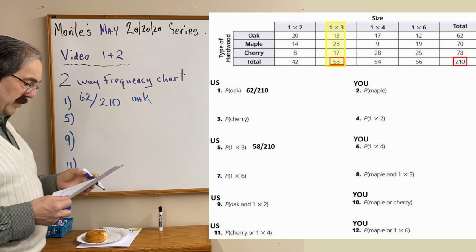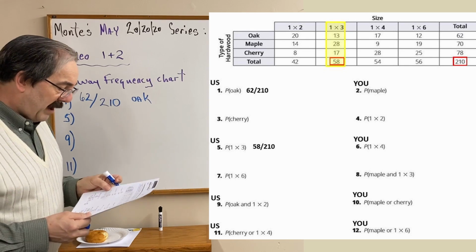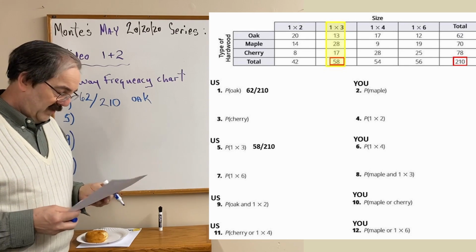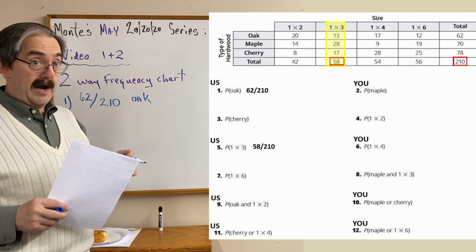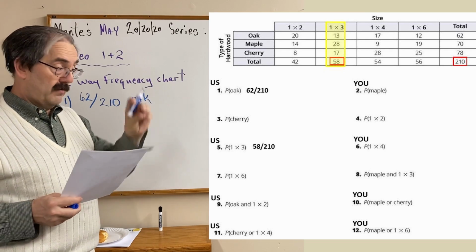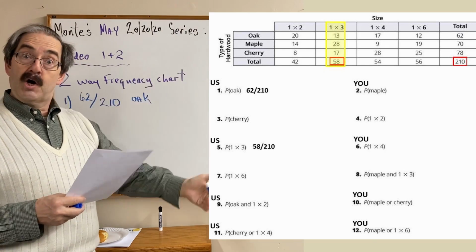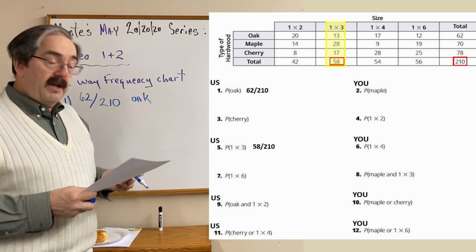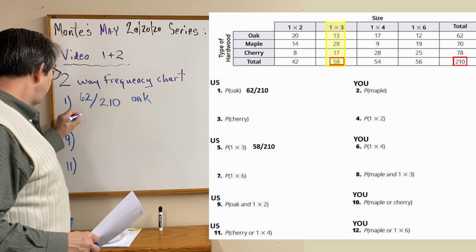We're skipping 4s. Maple, cherry, 1 by 2. We're going to do probability of a 1 by 3. A 1 by 3. That's 1 inch wide by 3 inches wide, right? That's a column. How many in the column? How many 1 by 3s total are there? Yep, 58.